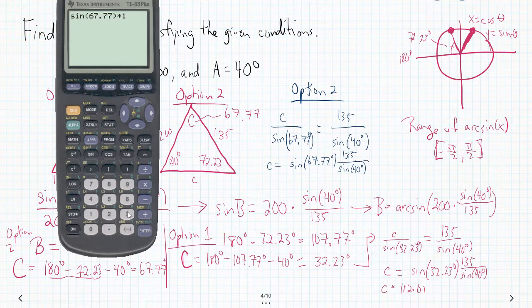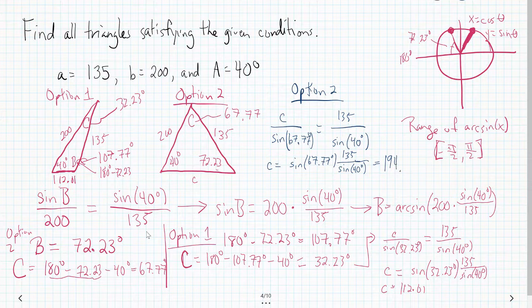Times 135, and then divided by our sine of 40 degrees. And we get a larger number, which is what we expected, 194.41. So this is approximately 194.41. That allows us to change this C to 194.41.